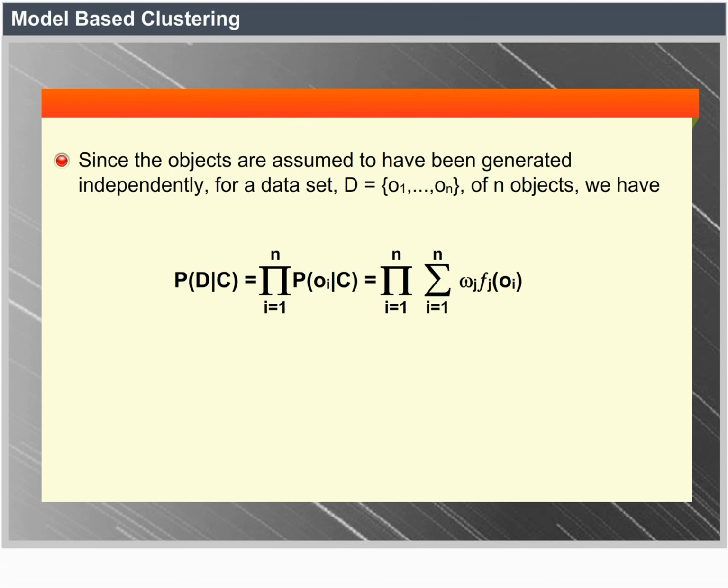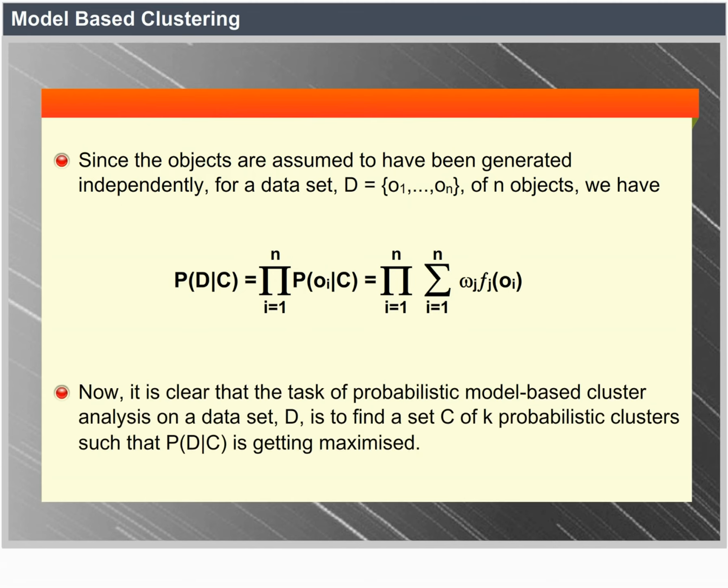Now it is clear that the task of probabilistic model-based cluster analysis on a dataset D is to find a set C of K probabilistic clusters such that the conditional probability of D given C is maximized.